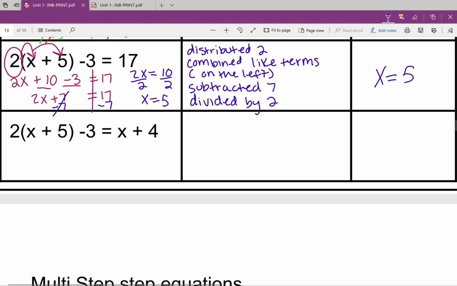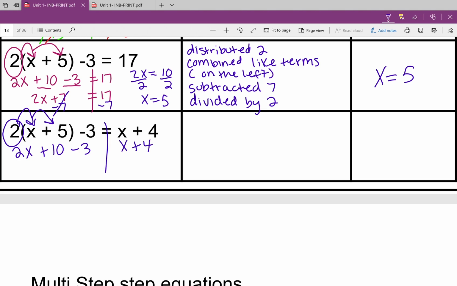Okay, last problem. We have again these parentheses, so this means to distribute. Remember, anything outside the parentheses we distribute. So we have 2 times x, which is 2x, plus 2 times 5, which is 10, minus 3 equals x plus 4.